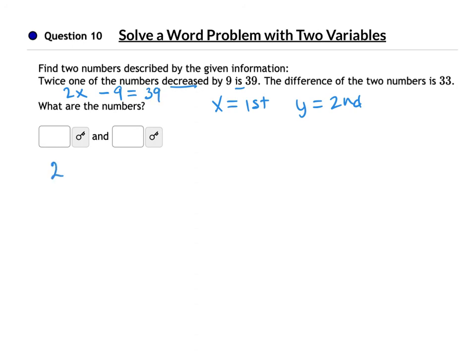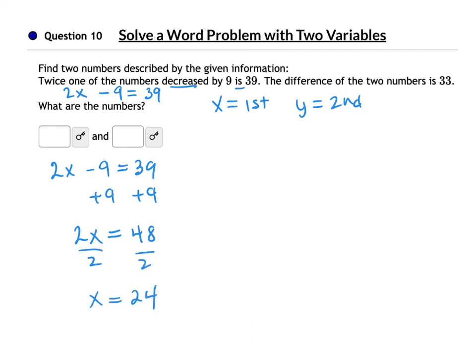So I have one equation that allows me to find x. We'll add 9 to both sides. 2x will equal 48, and divide by 2, and we get x equals 24.